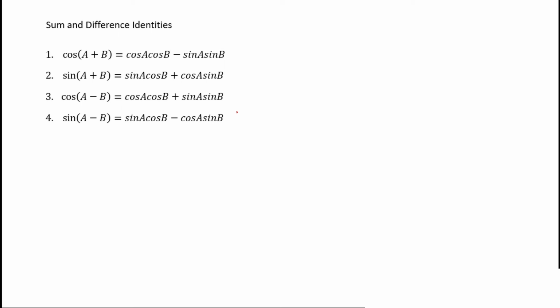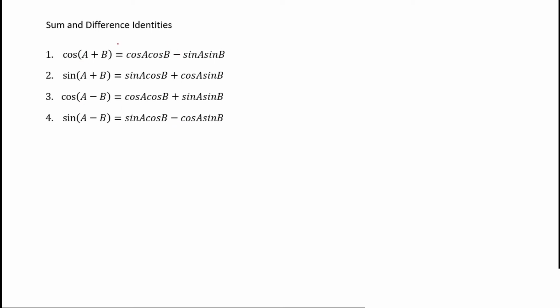Another thing we noticed is that for sine of A plus B and sine of A minus B, the sign, whether it's an addition or subtraction, carries over into the identity. You've got a plus here for the sum, and a minus here for the difference of two angles. But for cosine, it's the opposite.